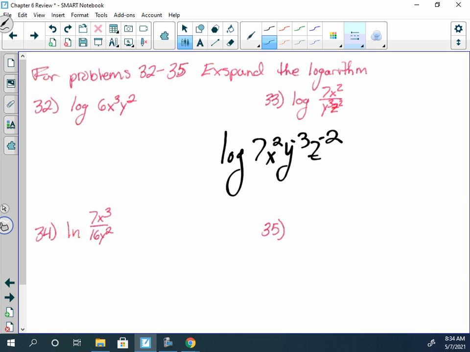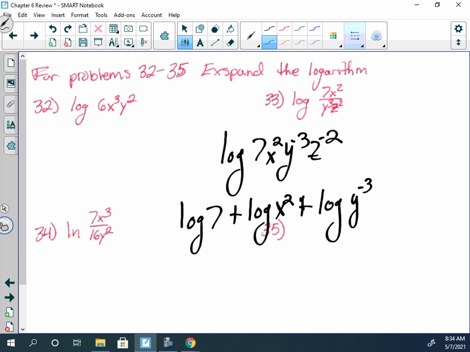And now I have 4 things being multiplied together inside the log, so we can use our multiplication property. Log of 7 plus log of x squared plus log of y to the negative 3 plus log of z to the negative 2. So we split them up with addition.